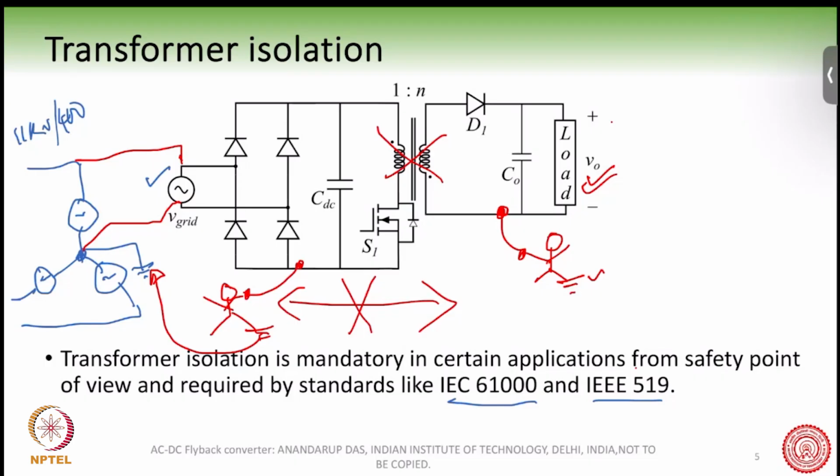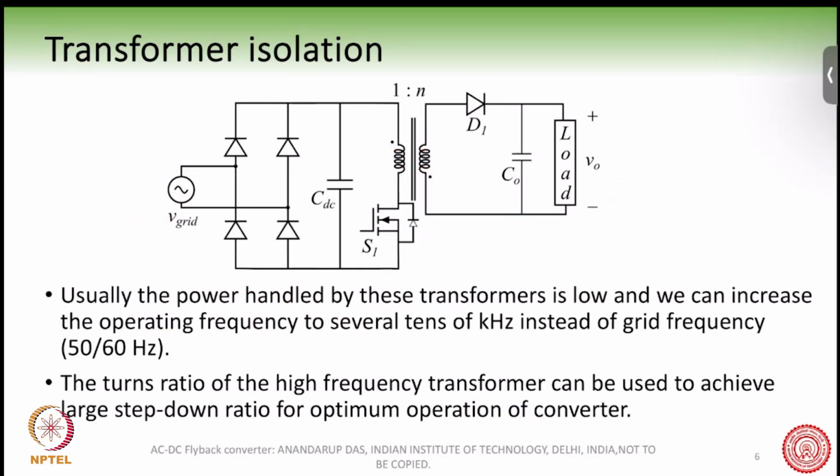Now, having understood the purpose of the transformer here, this is one purpose. Of course, as you can understand, there is a 1:n transformer, and we expect that there will be some voltage conversion in this transformer as part of the operation of the converter.